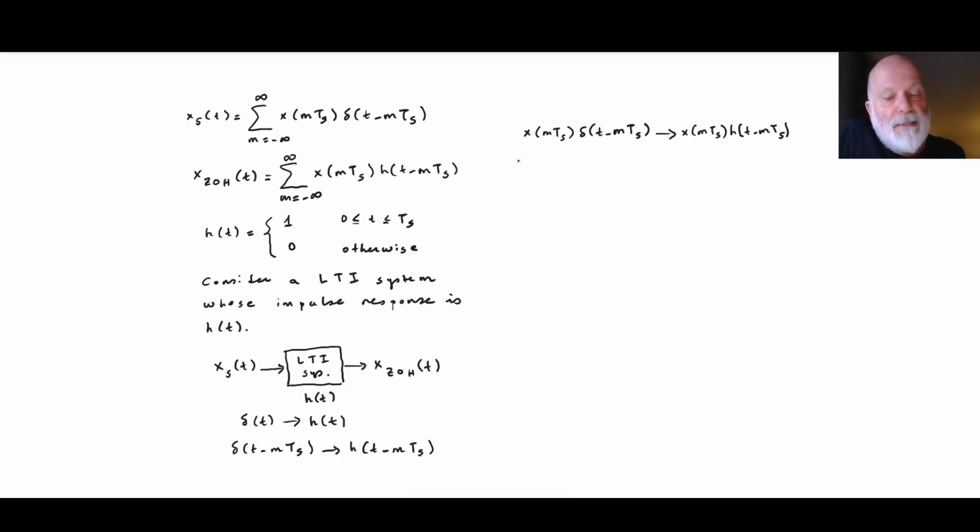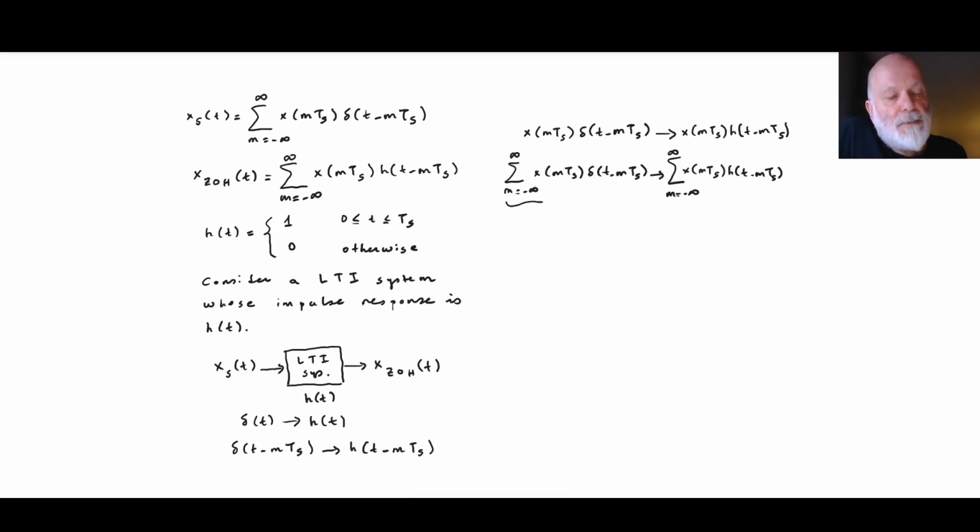And again by linearity, if we have the summation over m of x of m Ts delta of t minus m Ts, it will give us the summation of x of m Ts h of t minus m Ts.